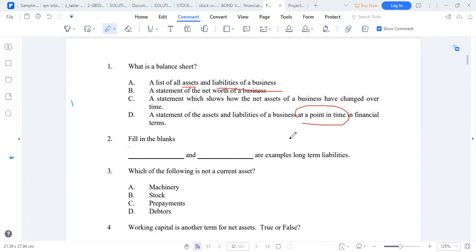Mortgages, debentures, bonds, these are long-term. A 5-year loan. I just want to be clear on the examples you have just given us. Debentures, these ones take more than 1 year. A debenture, a mortgage, a 5-year loan, all these are examples of long-term liabilities.